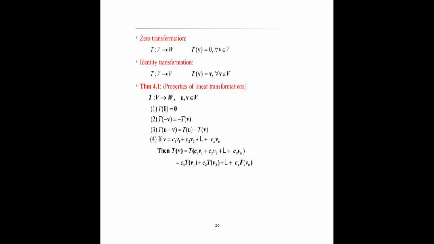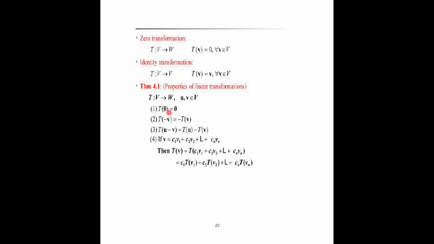So Theorem 4.1. It states some properties about linear transformations. We choose T from V to W as a linear transformation, and u, v are any two elements from the domain space capital V. Then T(0) equals 0.